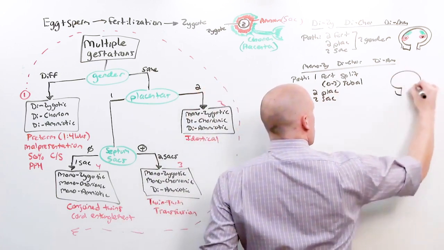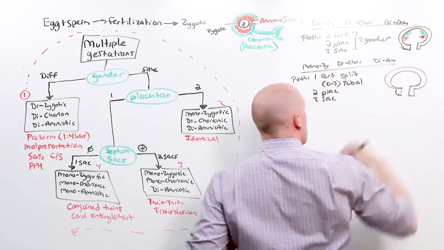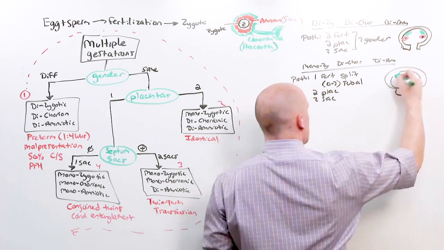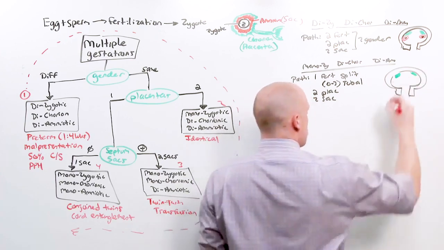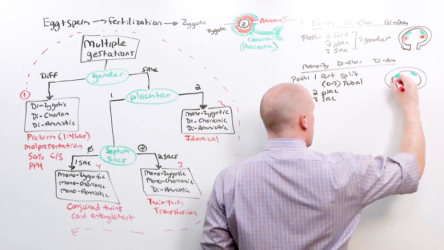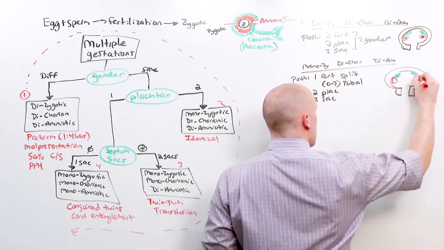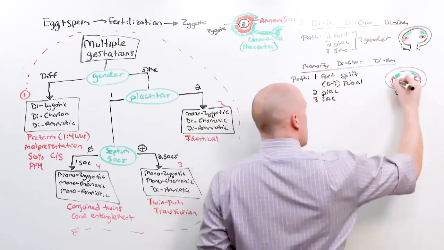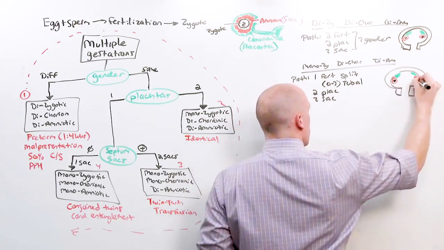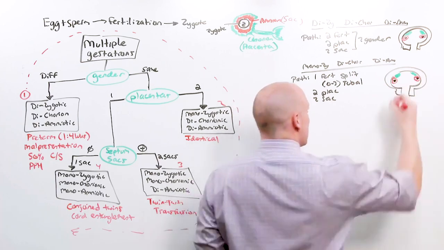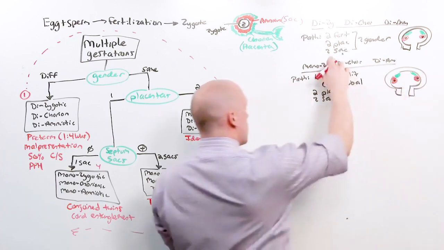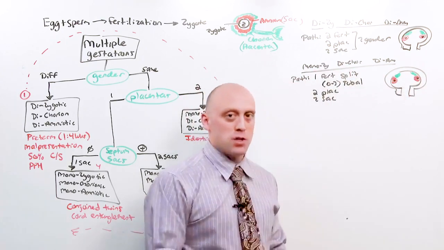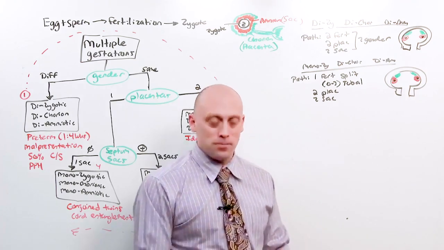This looks very familiar to what we just drew. That is, there are 2 separate pregnancies that happen to share the same space. They are 2 placentas, 2 sacs, and 2 organisms growing within. It's just in this case, if they're the same gender, and it is truly a monozygotic, they have the same genetic material, so are identical.